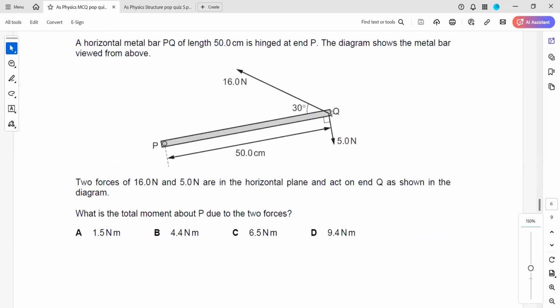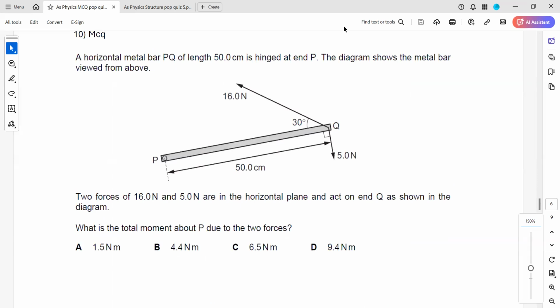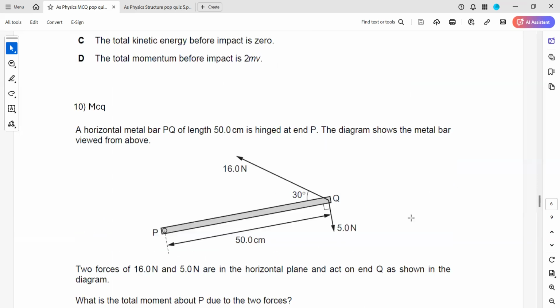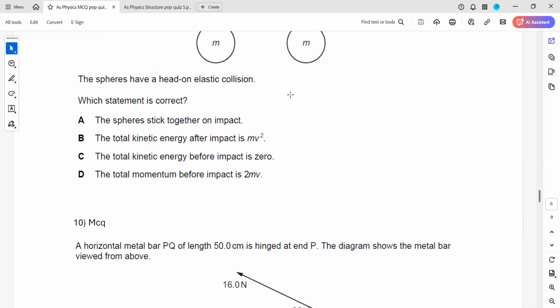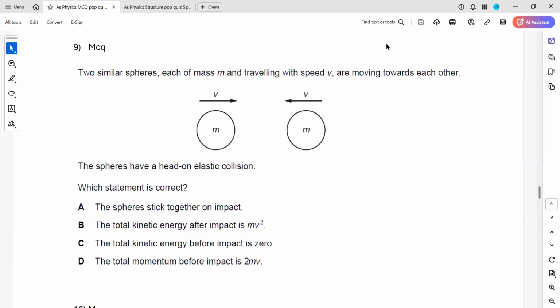In question 10, a horizontal metal bar PQ, which is 50 centimeter, is hinged at an end P. Question 9 first, okay. In question 9, two similar spheres, each of mass m and traveling with a velocity v, are moving towards each other.